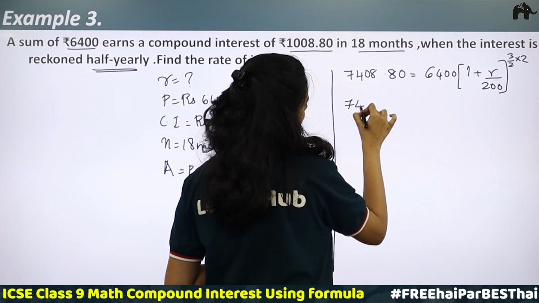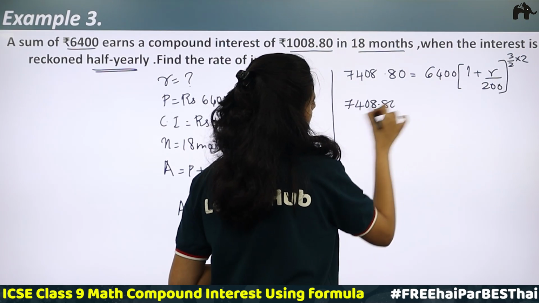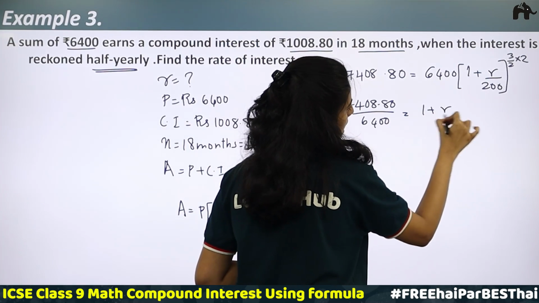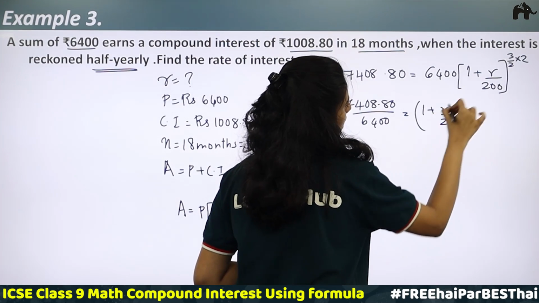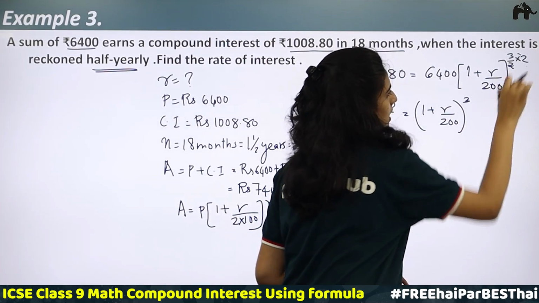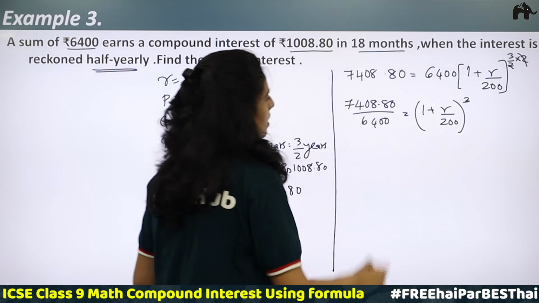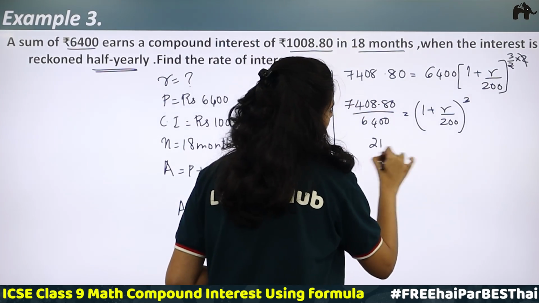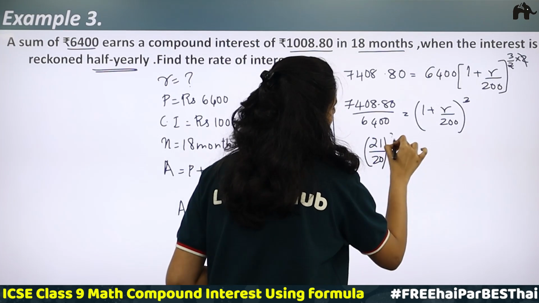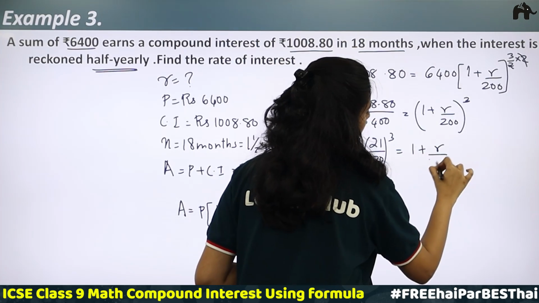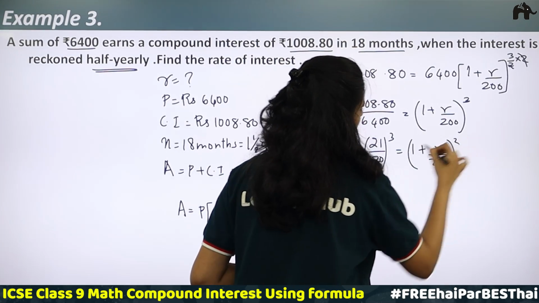So, 7,408.80 divided by 6,400 is equal to 1 plus R by 200 whole raised to 3. These 2's can be cancelled. Okay. So, this one you will be getting 21 by 20 whole cube. Okay. And that is 1 plus R by 200 whole cube.